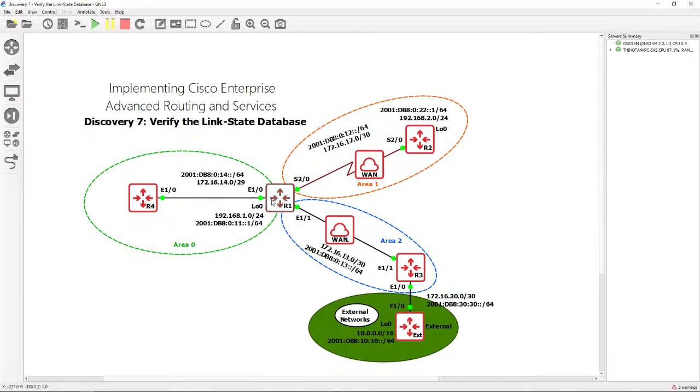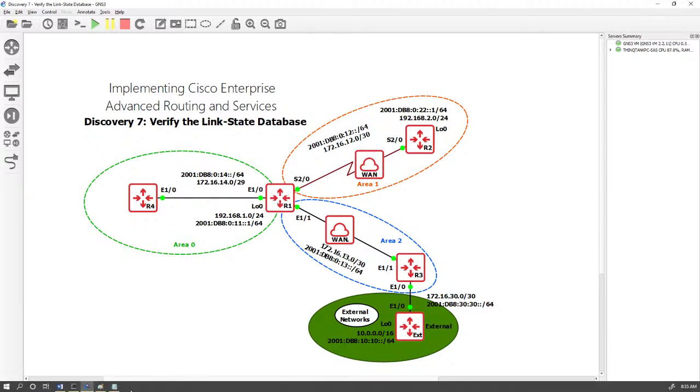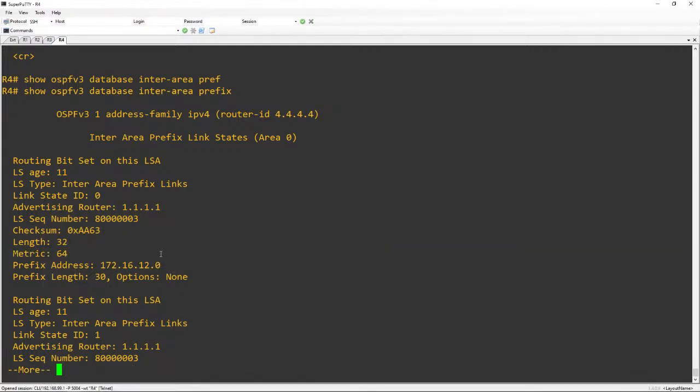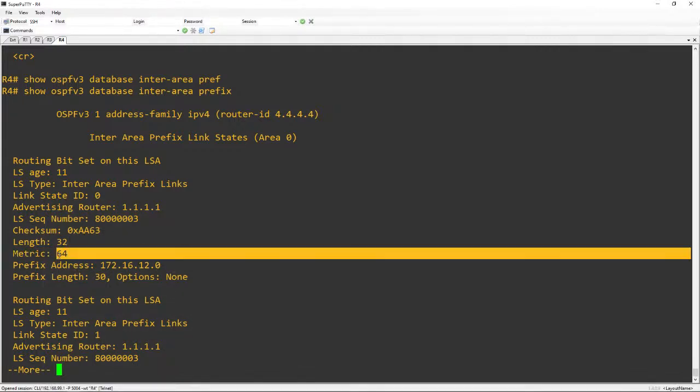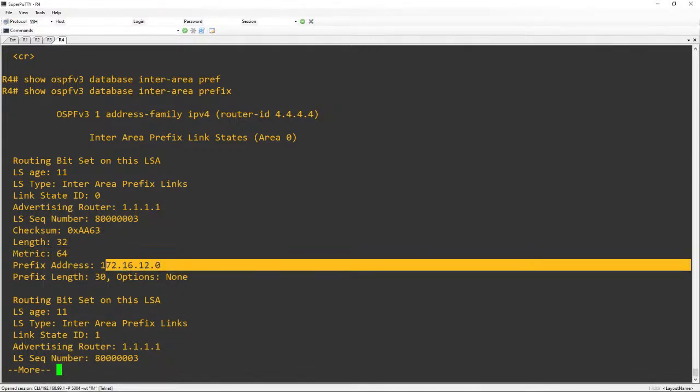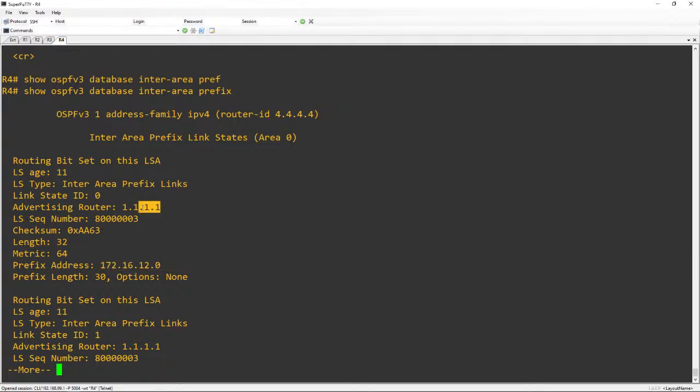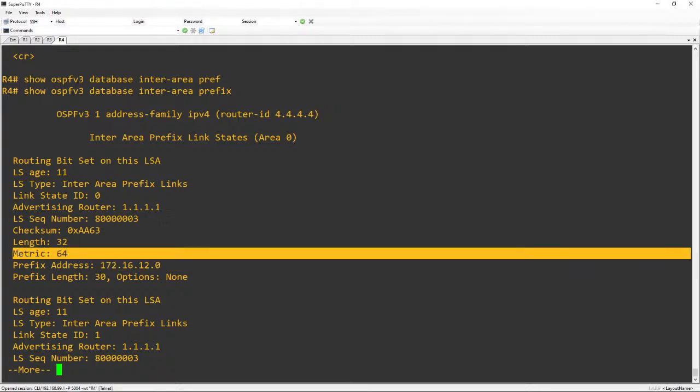But I'm on router 4. So when router 1 is advertising the prefix, and this is what I was talking about, routing to nodes as opposed to routing to networks, it's advertising this prefix destination from the perspective of the ABR. So this is not the overall path cost from router 4 to reach that destination. That is the path cost from the perspective of the ABR.